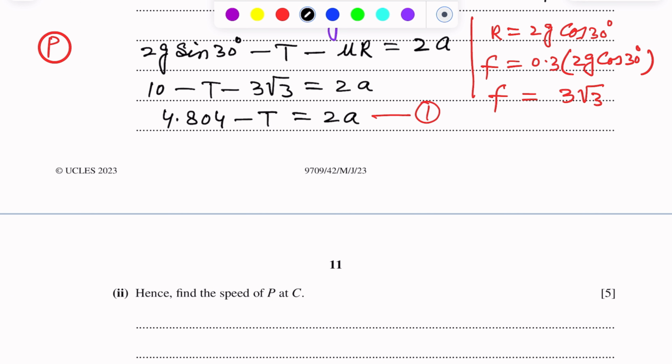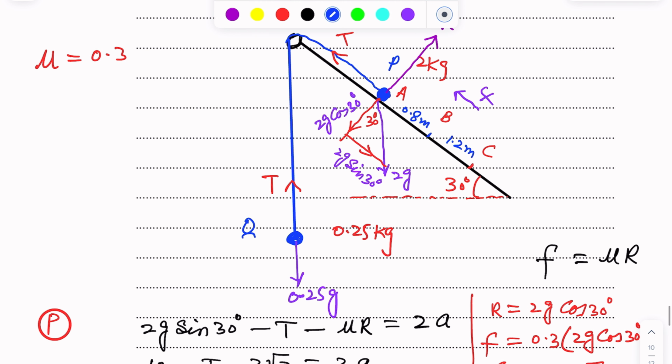Now in the same way, for particle Q, the equation of motion will be as follows.